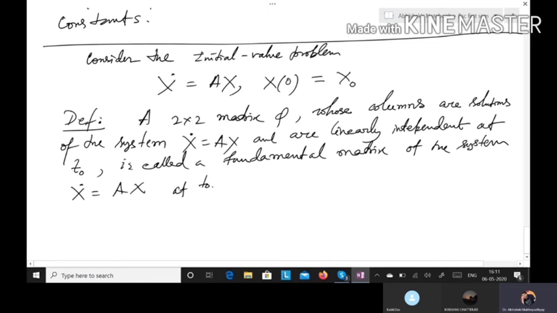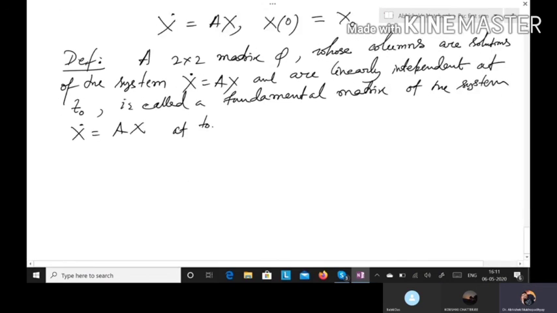A matrix whose columns are solutions of the system x dot equal to Ax, and the columns are linearly independent at t0, will be called a fundamental matrix for the system x dot equal to Ax at the point t0.